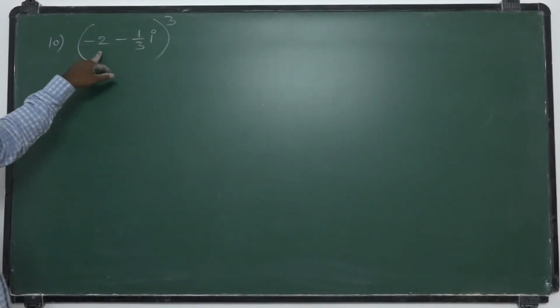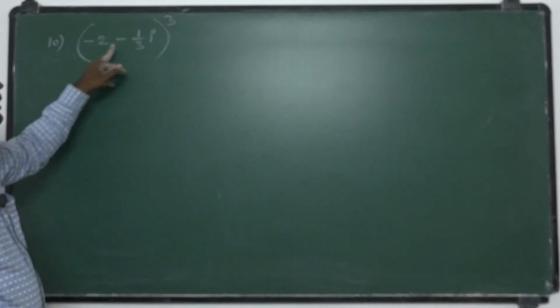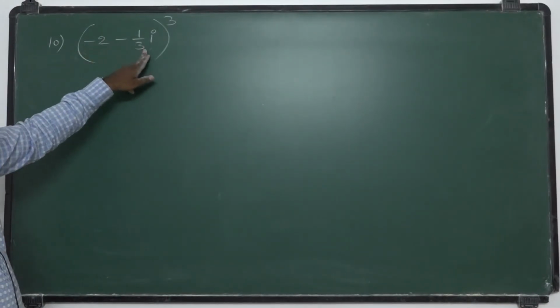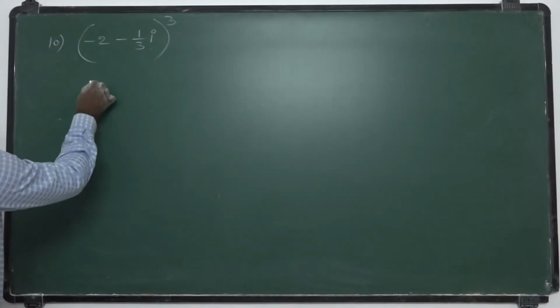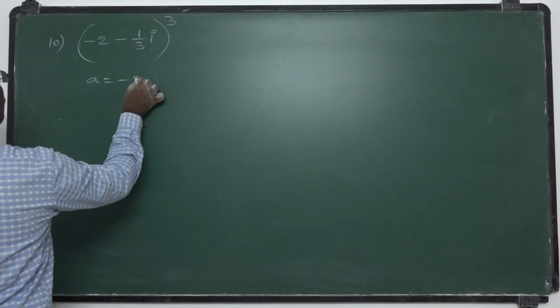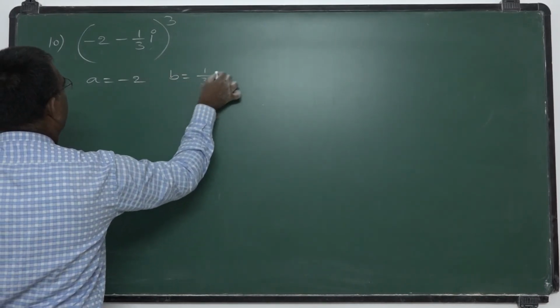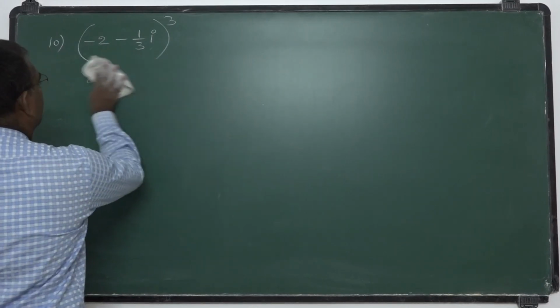So this is in the form of (A minus B) whole cube. Here A equals minus 2 and B equals 1 by 3 i. So it is better to take minus in common.